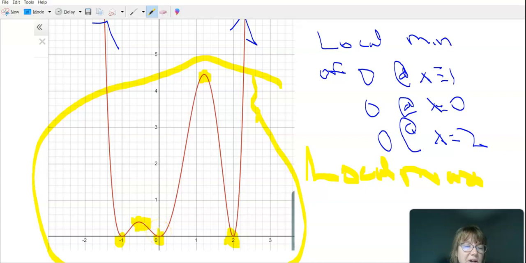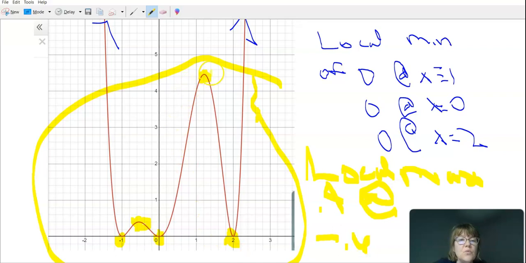So it looks like there's a maximum of 0.4. So a local max value of 0.4 when x is a negative, what is that? That doesn't look like a -1/2, maybe -0.6.